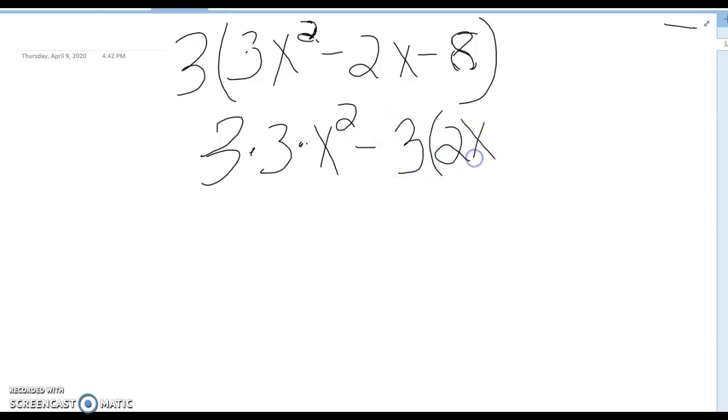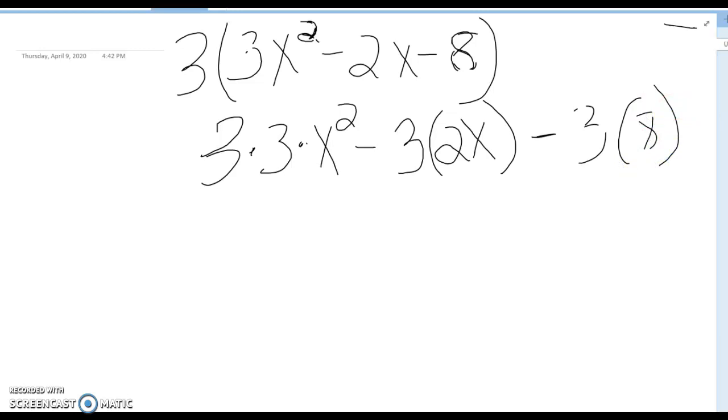We're distributing the 3 through the whole equation, but we're not going to actually do 3 times 2. We're going to keep it 3 times 2x. Okay? And then minus 3 times 8. And you'll see why we're doing that in just a minute.